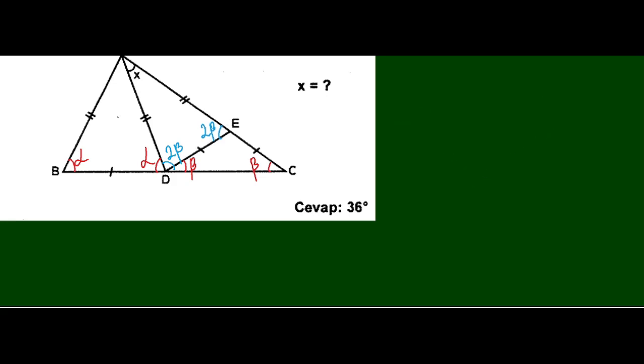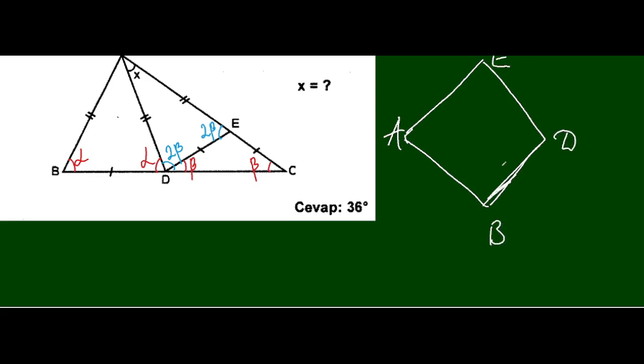I can draw it here. This is the quadrangle ABDE. I'll just put A, B, D, E here. As you can see, these sides are equal and these sides are also equal.